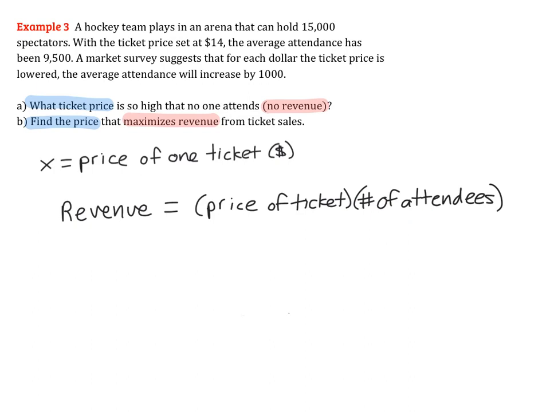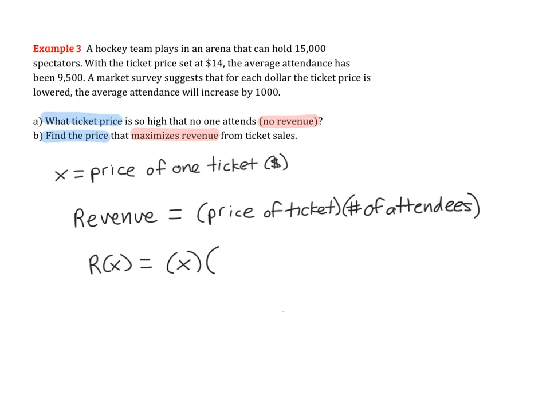So let's see if we can describe all of this in terms of x. So I'll say R of x for the revenue in terms of x equals price of ticket. So we already defined that as x. Now we need to find a way to describe the number of attendees in terms of x. So this part's a little bit tricky. So we know that the baseline is 9,500 attendees.